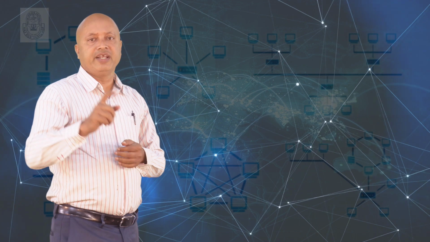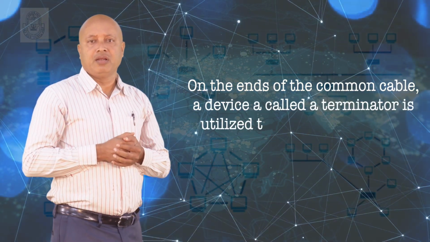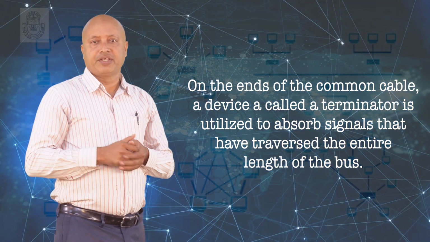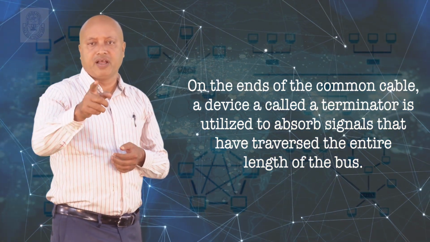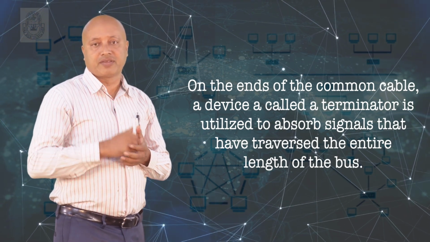Additionally, a single cable is easier to install than several cables. On the ends of the common cable, a device called a terminator is utilized to absorb signals that have traversed the entire length of the bus.